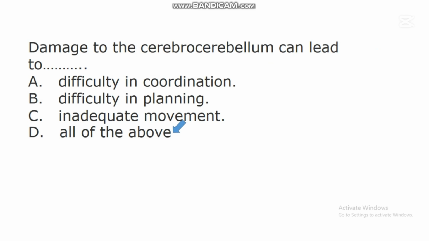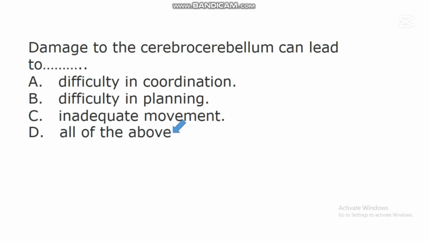Studies have shown that this part of the cerebellum helps in coordination, it helps in planning, and it plays a great role in muscular movements.